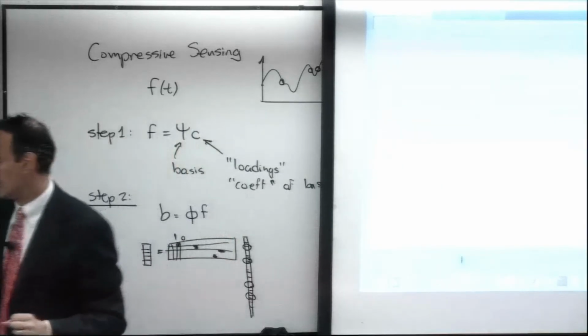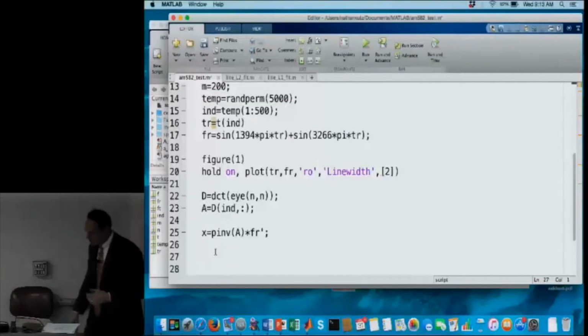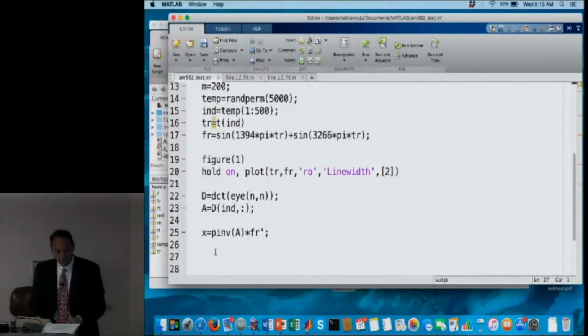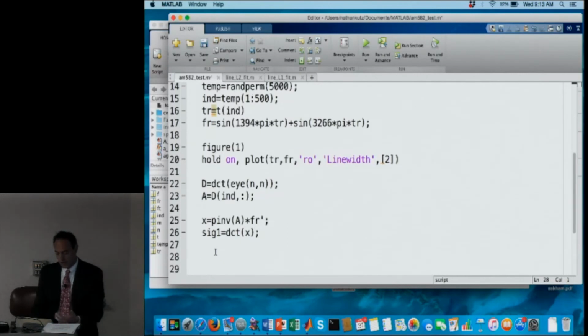Remember with that? Okay. So I'm going to call this X, and my signal from it, let's call it signal 1, is the DCT of this X. So now I'm on figure 1 right now. So what I'm going to do is the following. Actually, I'm going to make a new figure, figure 3.